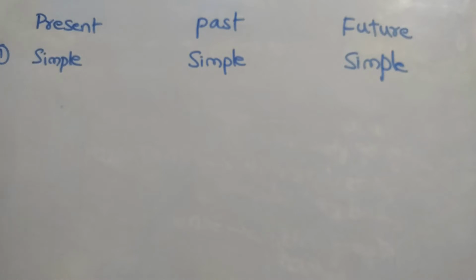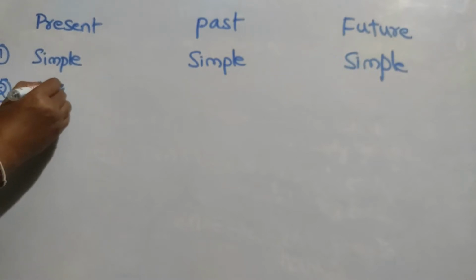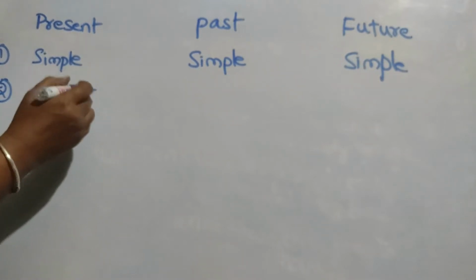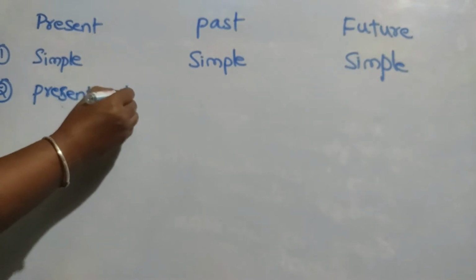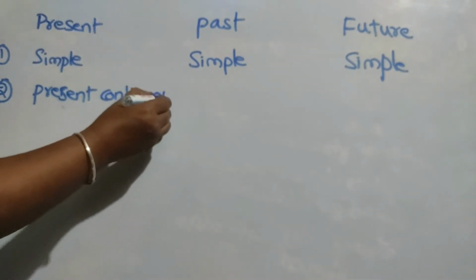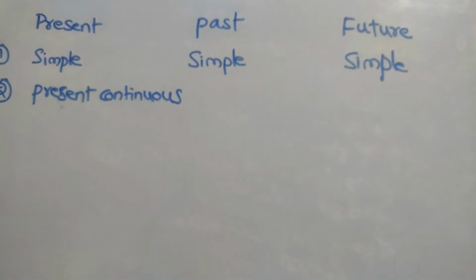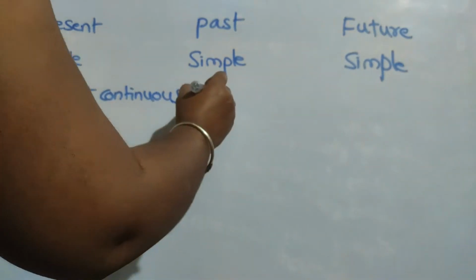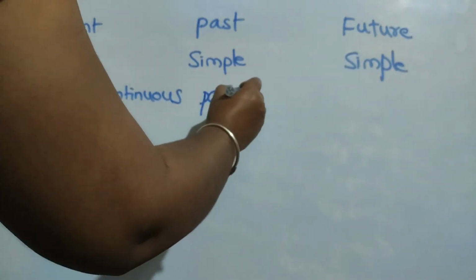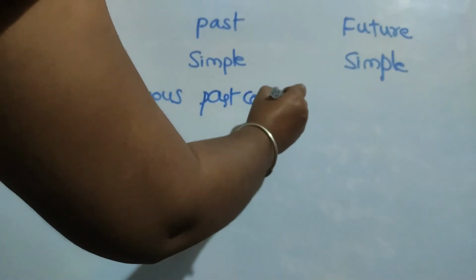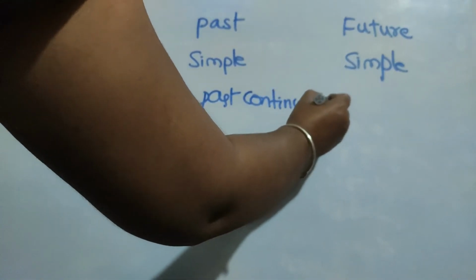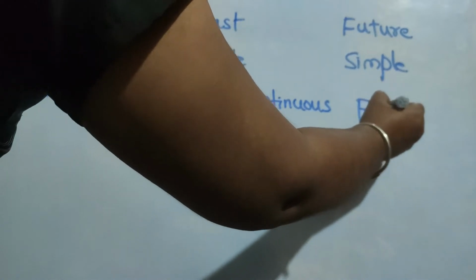And the second category: present continuous, past continuous, future continuous.